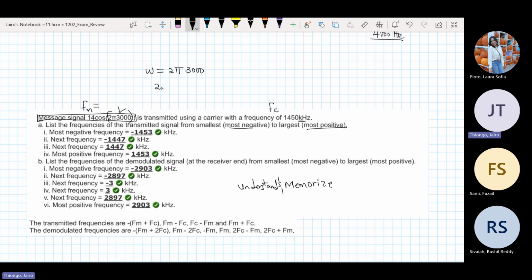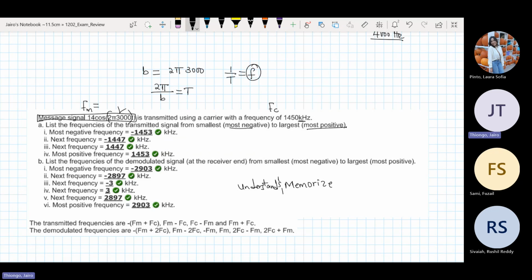And we know that 2 pi over that term is equal to the time, the period, and we also know that 1 over time is equal to the frequency.